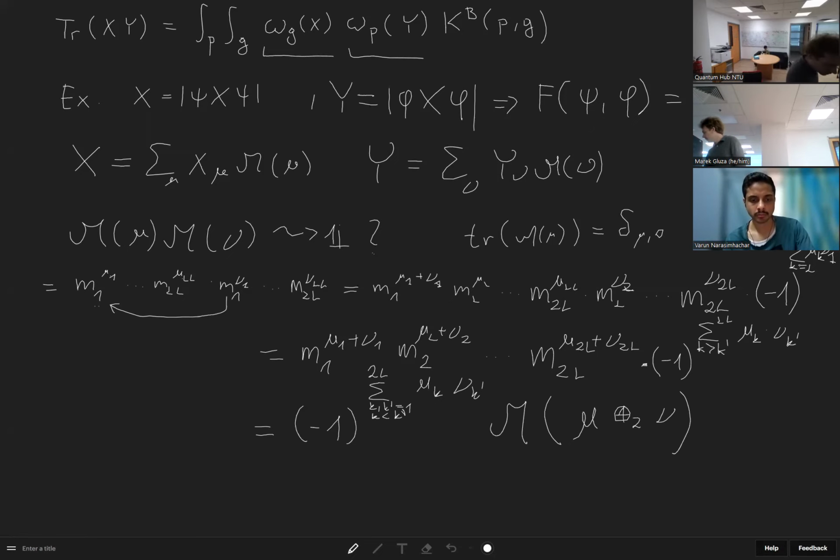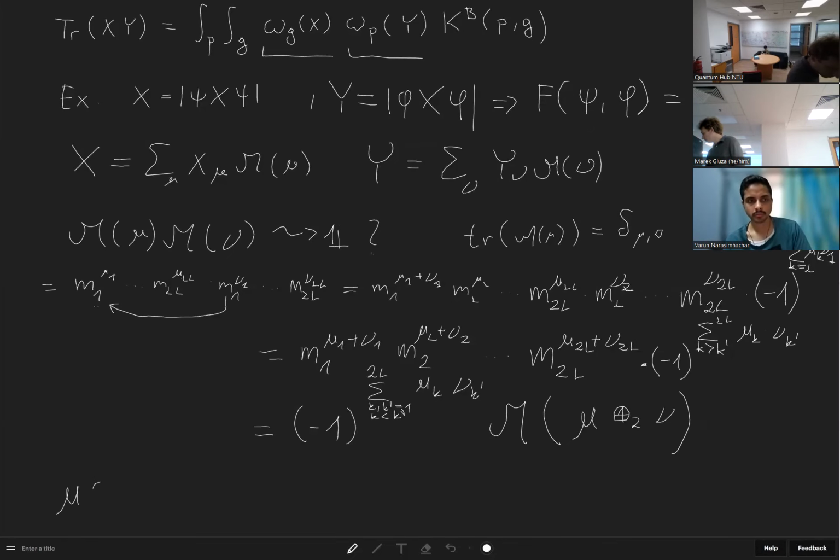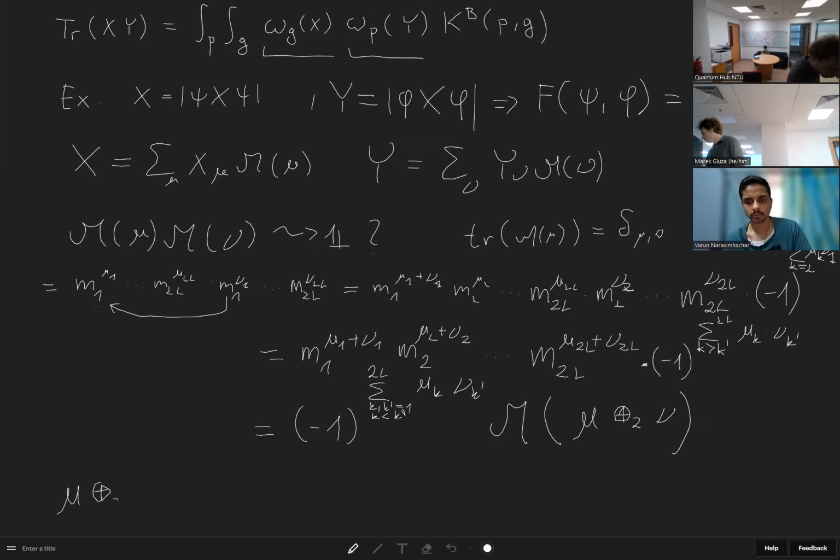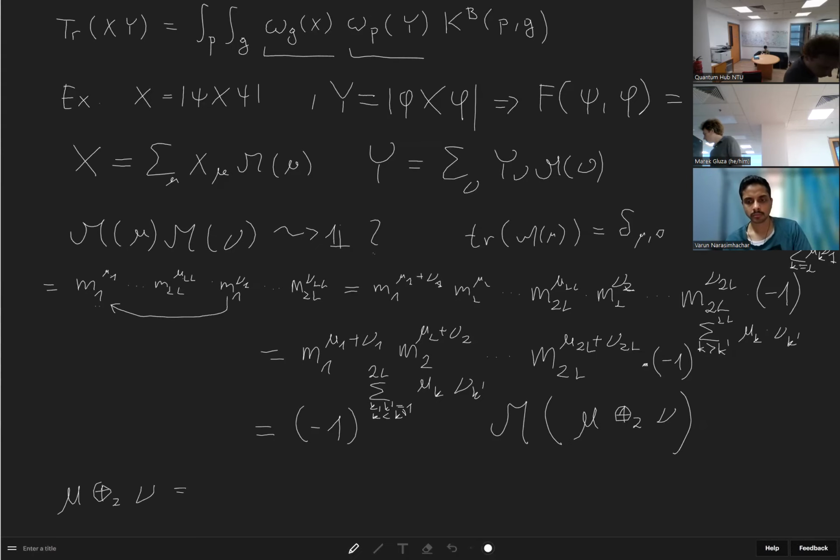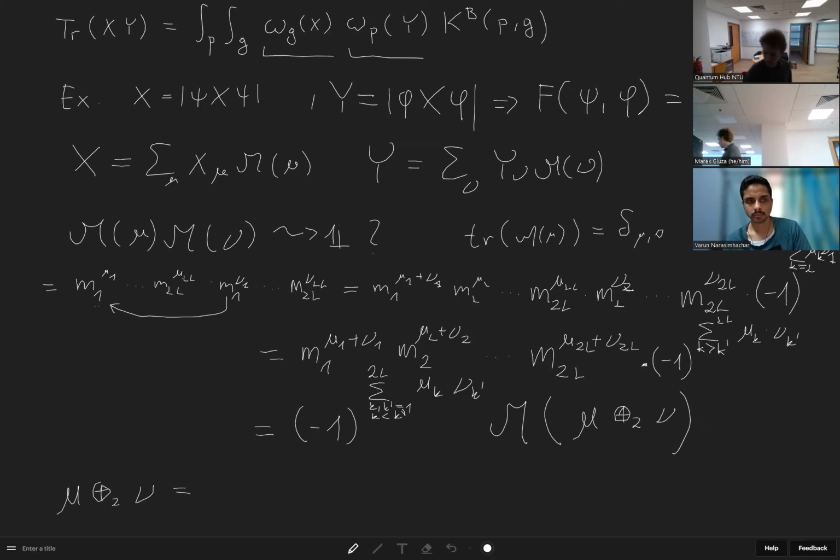So the binary summation of mu and nu means that we have again 0, 1 entries, and we are doing a binary addition, addition modulo 2, of mu1 until mu2l with nu1 until nu2l.